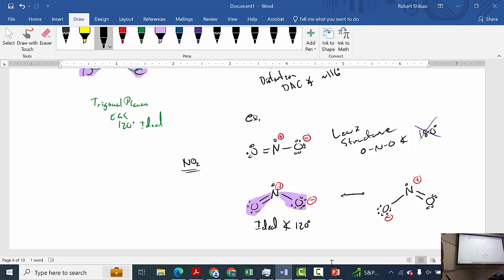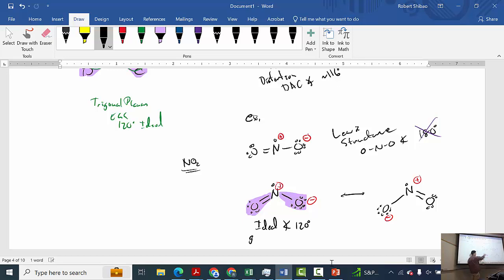120 degrees is correct. Now, what do we do about the distortions for this? So we have a double bond, but we also have a lone electron here, which is going to be somewhere in between. Then it'll compress these, expand that. So distorted, this might be expanded a little bit.